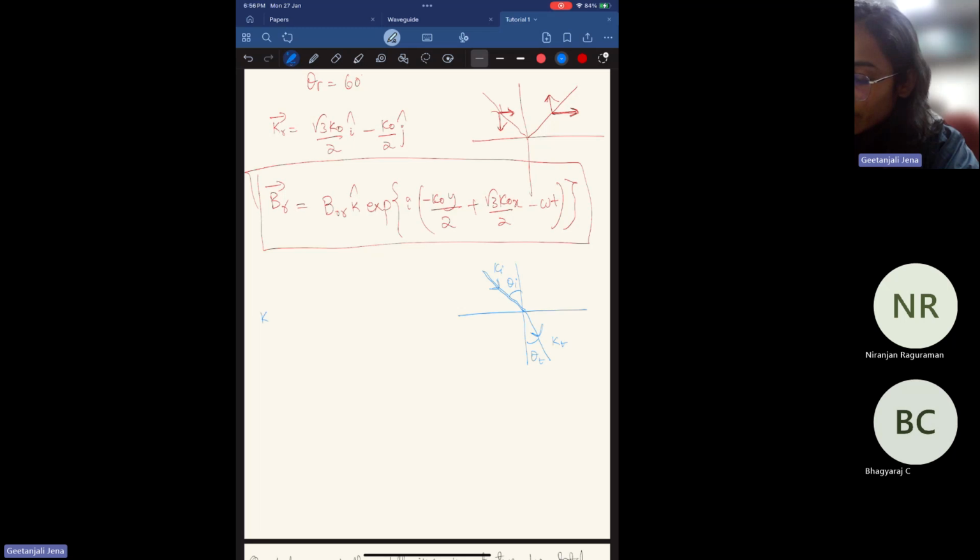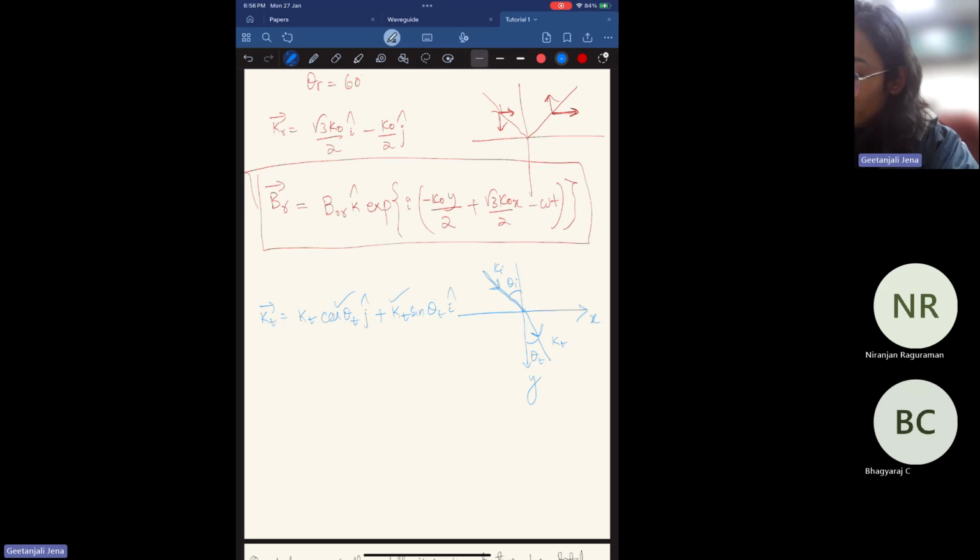So the kt vector is kt magnitude, with y direction and x direction, so kt cos theta t j cap plus kt sin theta t i cap. In this expression, you don't know theta t and kt.